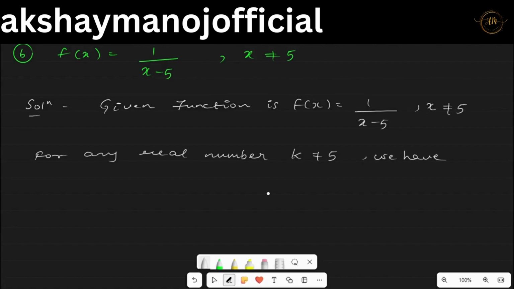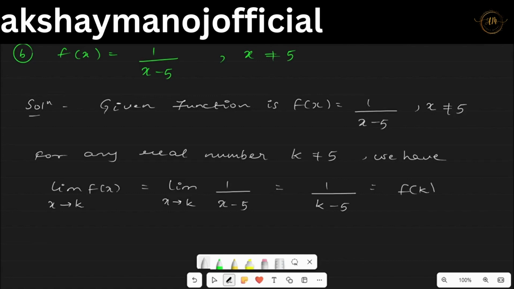We have limit of f of x as x tends to k is equal to limit of 1 divided by x minus 5 as x tends to k, which is equal to 1 divided by k minus 5. Is this equal to f of k? Yes, this is equal to f of k.